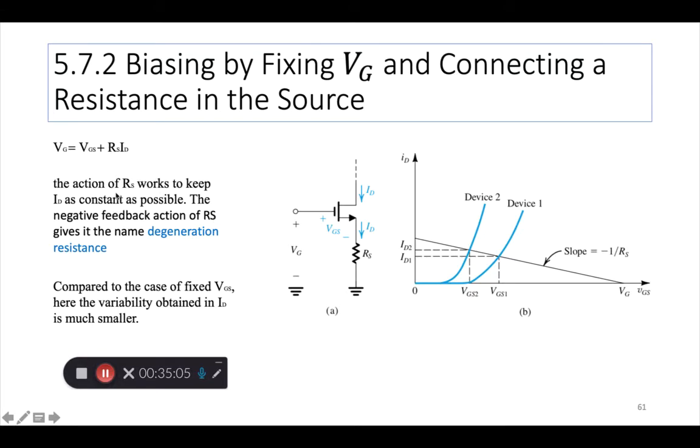And what you'll find is the action of this RS works to keep ID, the drain current, as constant as possible through something called negative feedback. Compared to the case of a fixed VGS, the variability obtained in ID, as you'll see from this graph, is much smaller because of the presence of the RS.